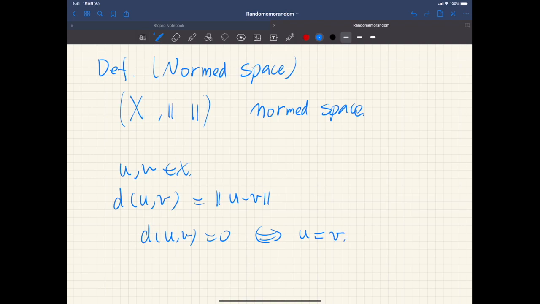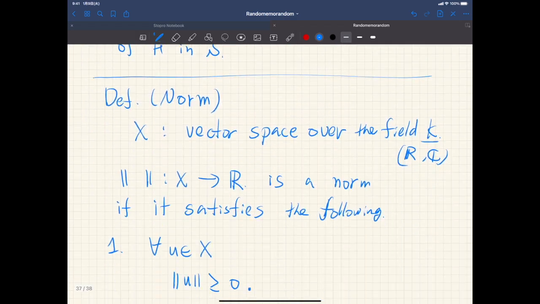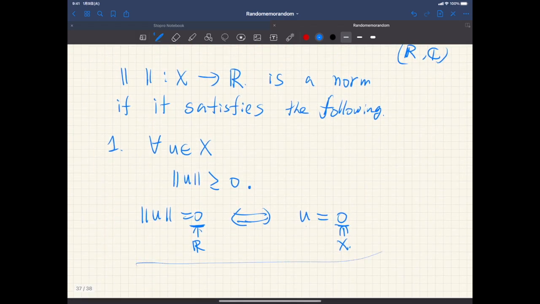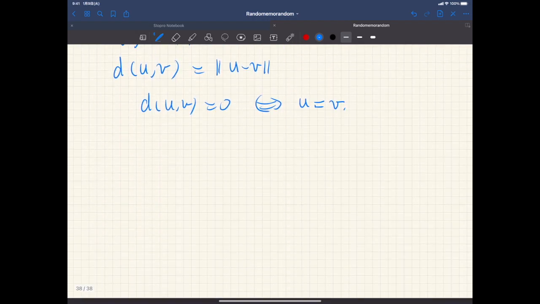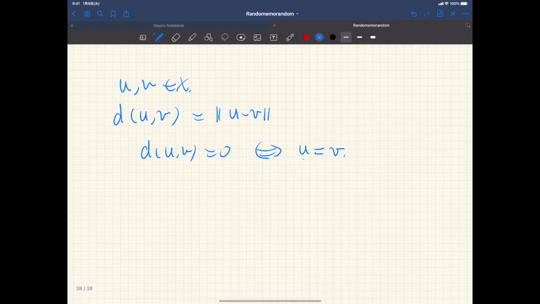This is because of the first axiom of the norm: a norm is 0 if and only if the vector is 0. So in this case, u minus v is 0, which means u is equal to v. So in this way, we can define a metric in this space.